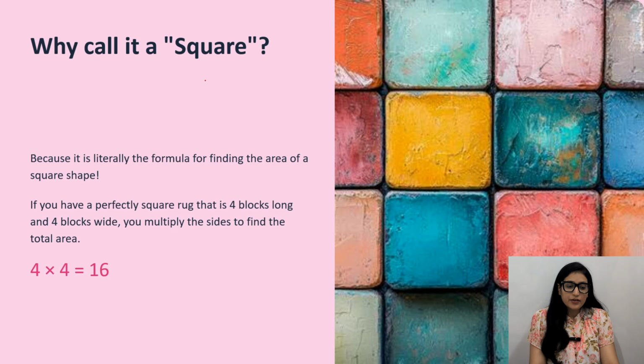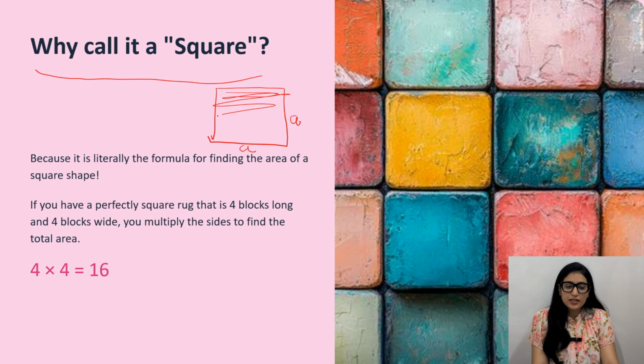Now, why do we call it a square? As we all know, if we take a square, then its sides are equal. So, finding a square is nothing less than finding the area of a square. Here, if I take a square with side A, then its area will be A multiplied by A. What is happening here?